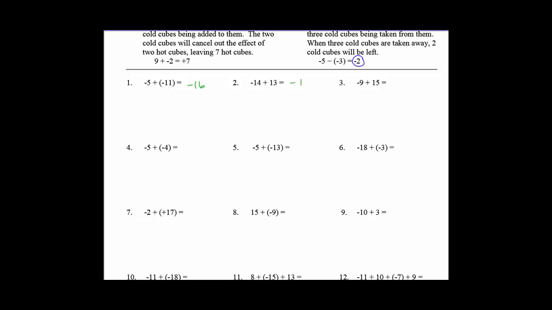In problem 3, we have 9 cold cubes already in the bowl, and we're adding 15 hot ones. So now we're adding more hot than there is cold. So 9 of the hot ones will be canceled out by the 9 cold ones, and there will be 6 hot ones left, or an answer of positive 6.